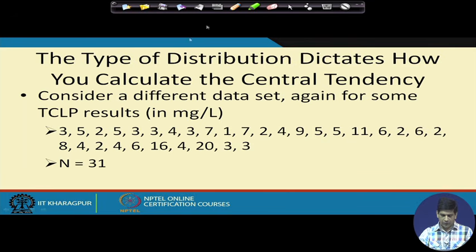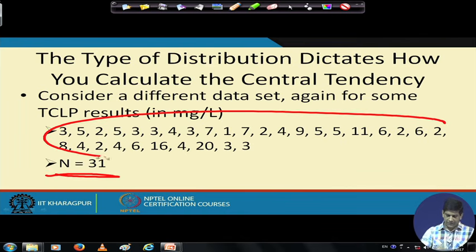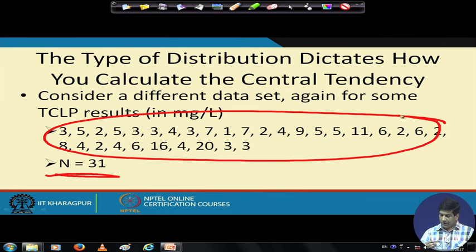Some samples were done where the number of samples is 31, and these are the data we got. The minimum value here is again 1, but the maximum value goes all the way up to 20.